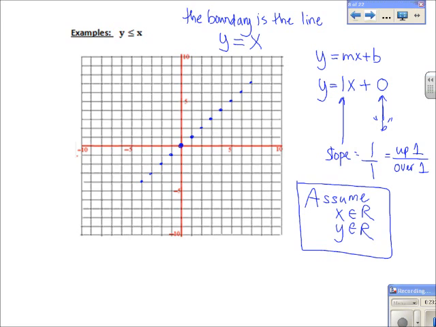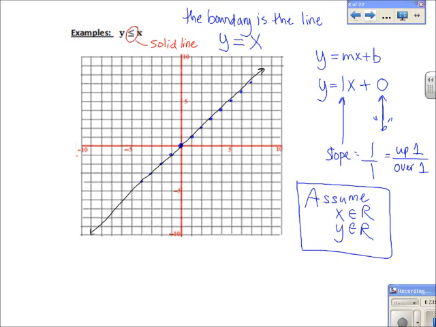So we go back to our inequality and we look at the sign. Because I have less than or equal to, that tells me to use a solid line. So let's do that. We connect our data points with a solid line. And I'm going to show a little arrow going in both directions because there's no upper or lower limit here. I have no restrictions on x or y.